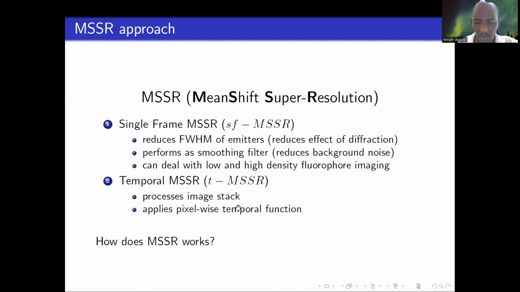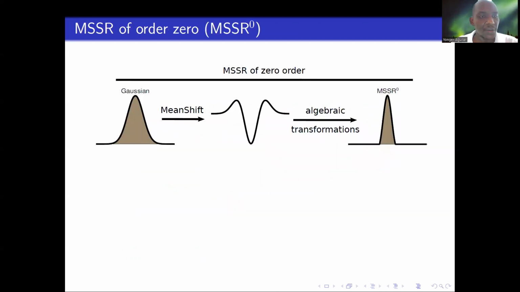So how does MEASURE work? The first step of MEASURE is order 0. If we have a Gaussian distribution and apply MEASURE, we get a distribution similar to an inverted Mexican hat. With the application of a Hilbert transformation, we get MEASURE of order 0.